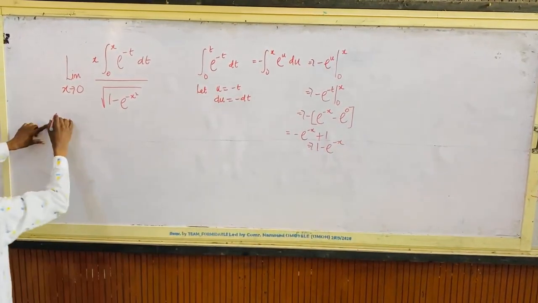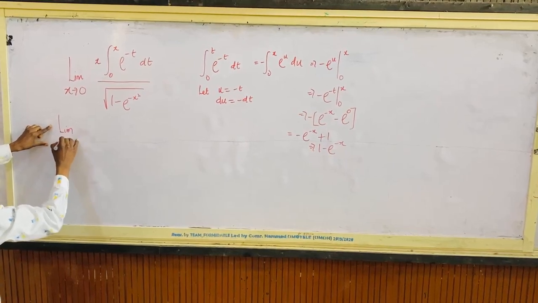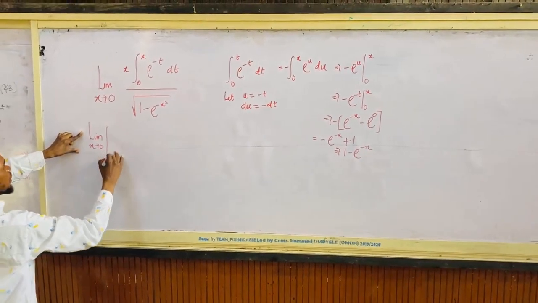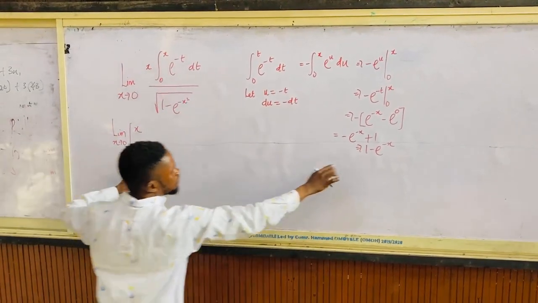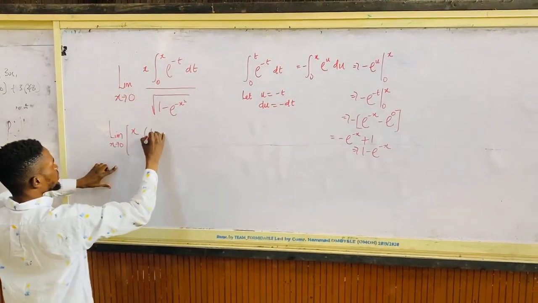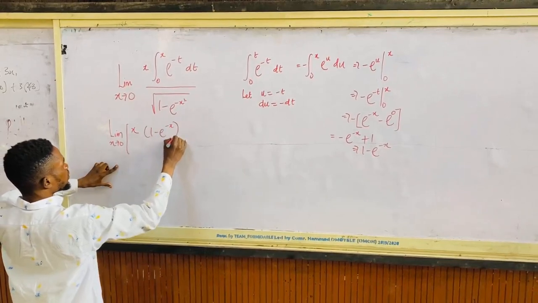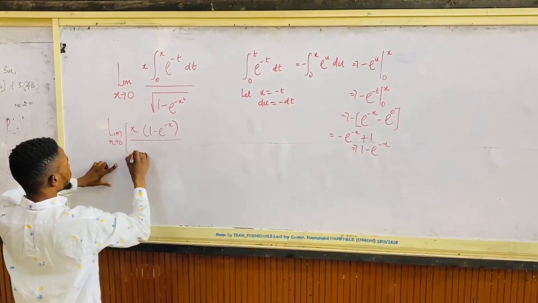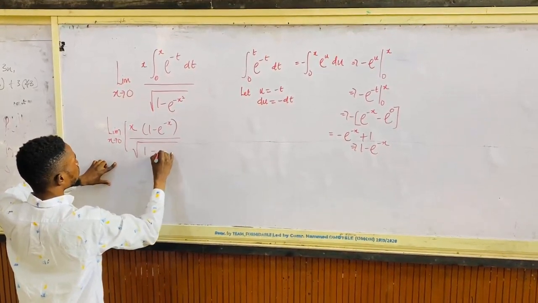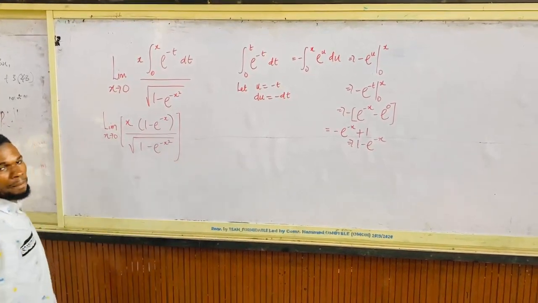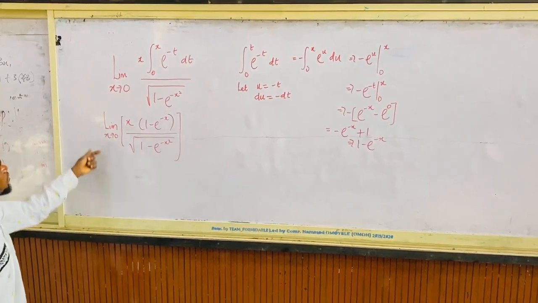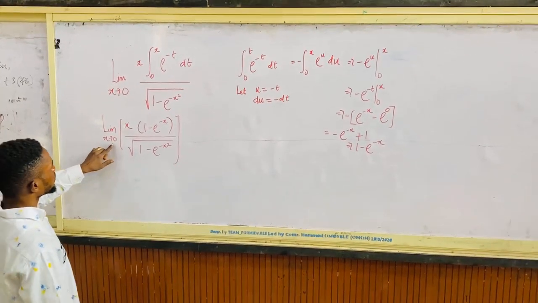Now, the limit of the function can be written as x times the integral, which is 1 minus exponential minus x, over the square root of 1 minus exponential minus x squared. Now, direct substitution, x tends to 0.